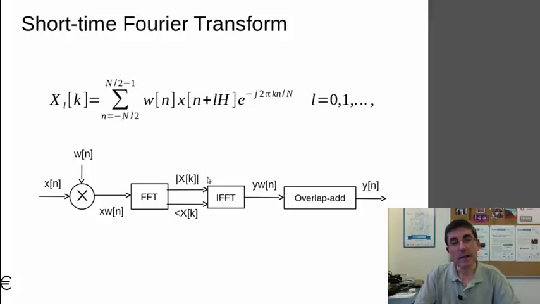Then we can undo the whole process by calling the inverse FFT, therefore obtaining the windowed synthesized sound. With what we call the overlap-add strategy, we will be adding together these fragments into a whole signal. And hopefully, if we have done things correctly, especially if we have chosen the window and the hop size correctly, this output signal will be identical to the original.